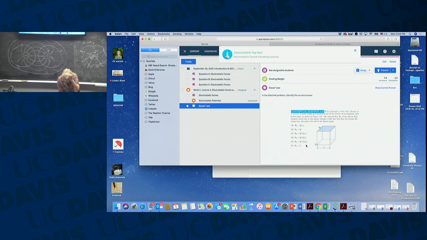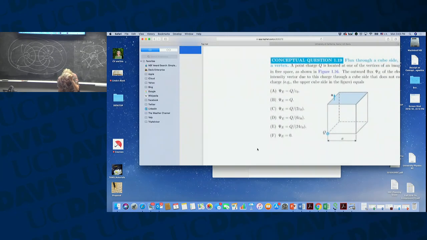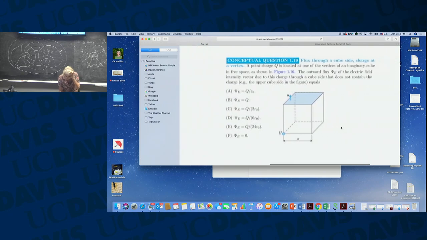That shows a charge that is in the southwest, the lowest left corner, Q, and then there is this cube that is oriented the way you see it.